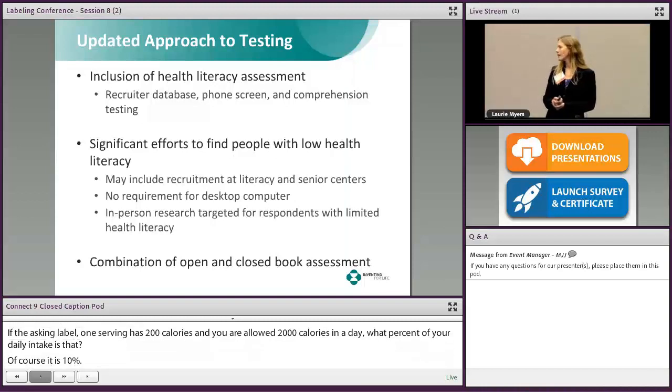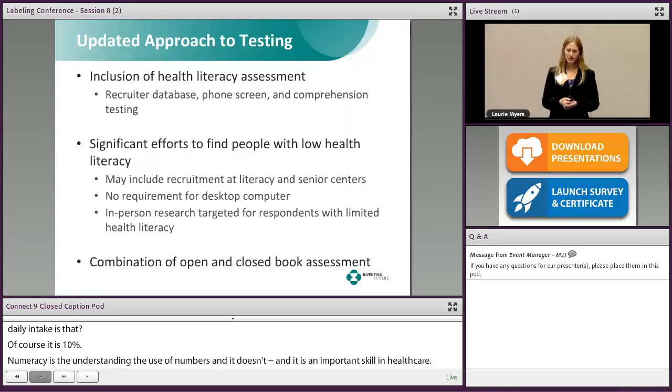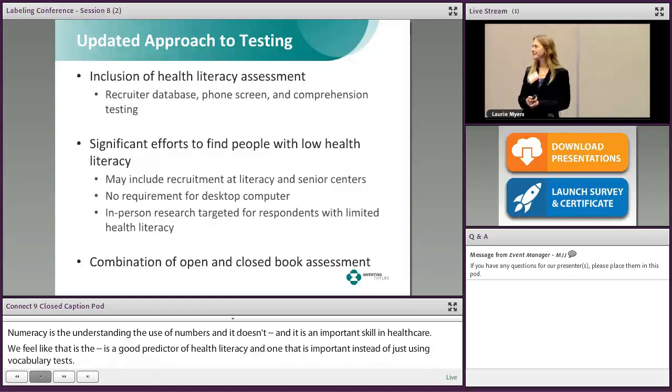Of course, it's 10%. Numeracy, the understanding and use of numbers, is such an important skill in healthcare. If you think about diabetes and insulin, if you think about many other things, we really feel like that is a really good predictor of health literacy and one that's really important rather than just using truly vocabulary types of tests.